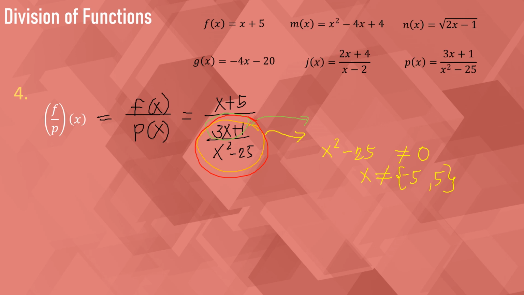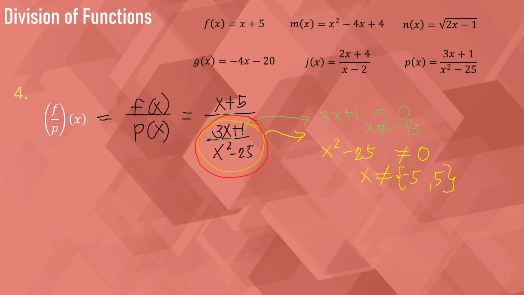Kapag itong numerator ay naging 0, 3x plus 1 becomes 0, and 0 divided by non-zero, kasi 0 divided by negative 25, magiging 0 ang quotient. Hindi yun pwede dahil x plus 5 divided by 0 will become undefined. Therefore, kukunin natin na makakapag 0 kay 3x plus 1, x that is equal to negative 1/3 will make that 0. Therefore, x should not be negative 1/3.